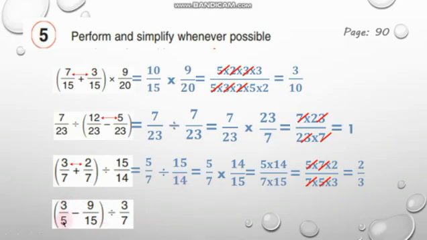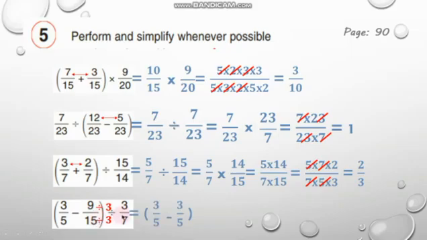Now I have 3 over 5 minus 9 over 15 divided by 3 over 7. Look, I cannot directly subtract these two fractions because I don't have the same denominator. What should I do? I'm going to simplify by 3 this fraction.